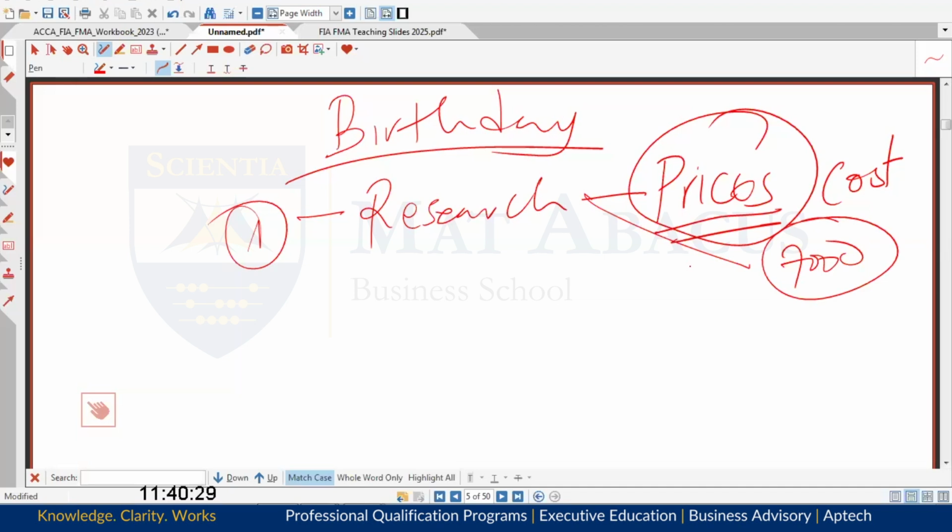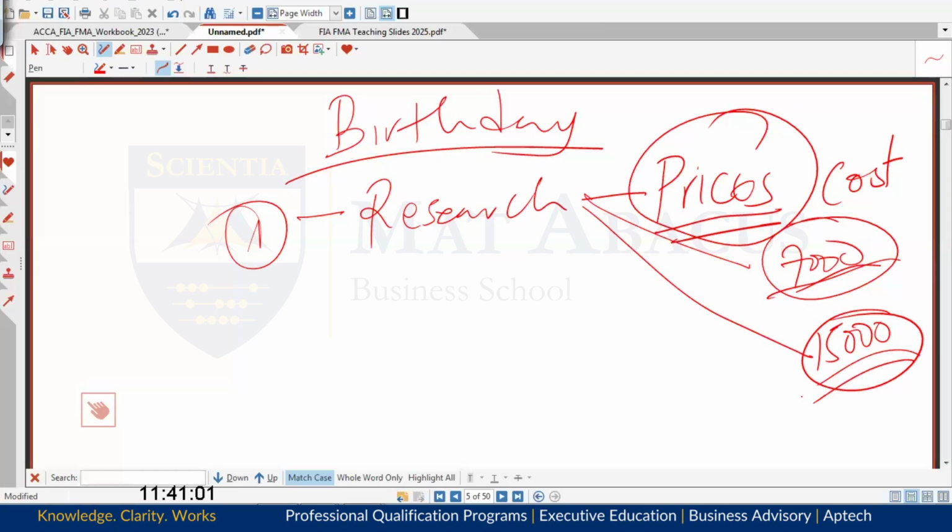Maybe 15,000. So after finding out the cost of food, you say if it's at home, food is 7,000. If it is at a restaurant, it's 15,000.